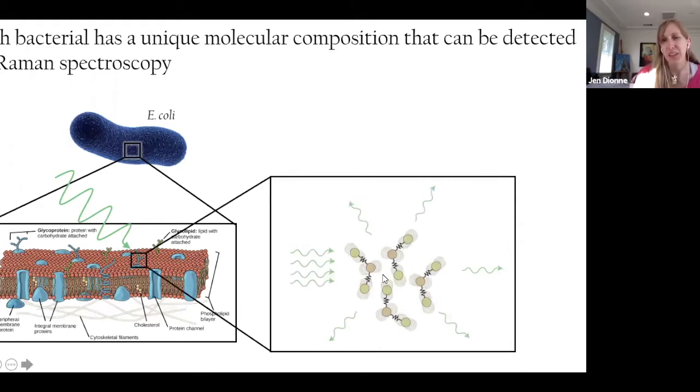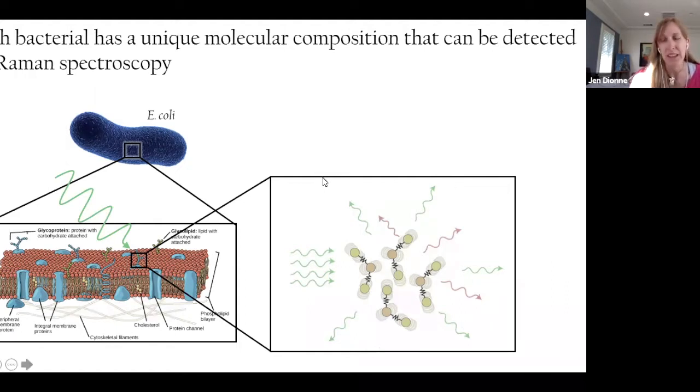So usually that shift can be of higher energy or lower energy. Most photons are generally scattered with the same energy, but a fraction of them are scattered with lower energy or higher energy.